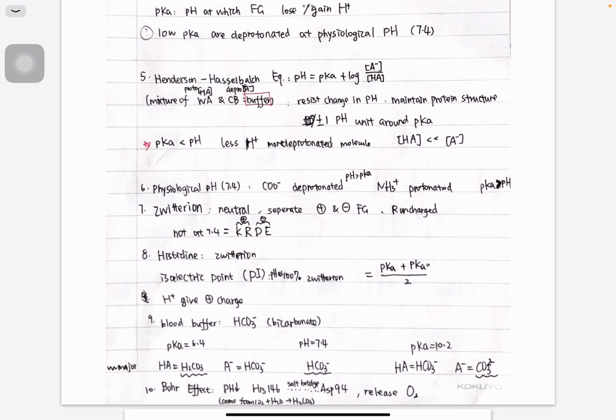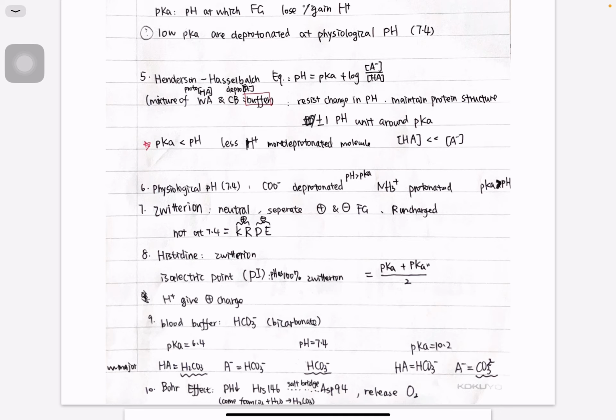And we need to know which amino acids are charged at the physiological pH. They are not zwitterions. It's lysine, arginine, aspartate, and glutamate, because they have the charge on their side chain.